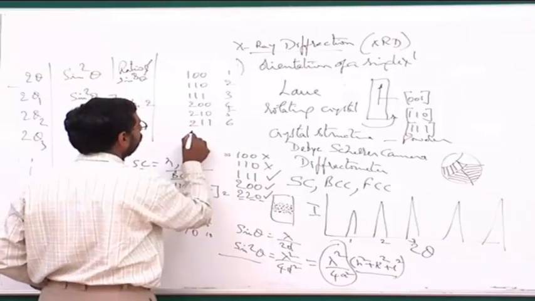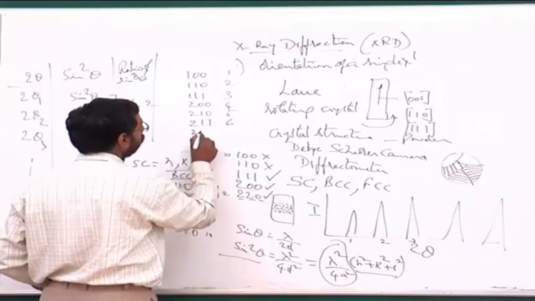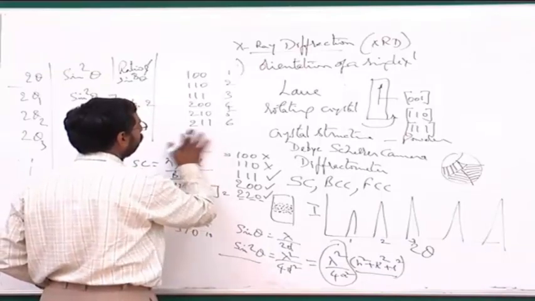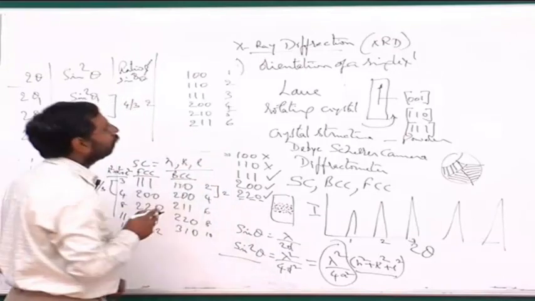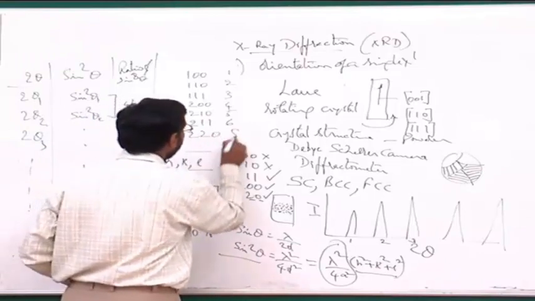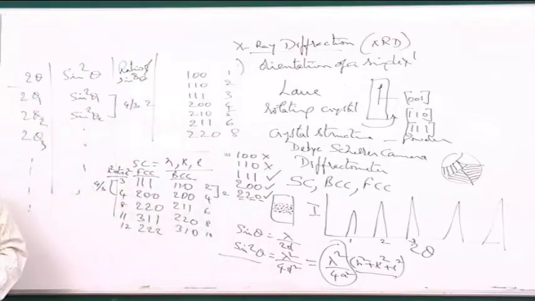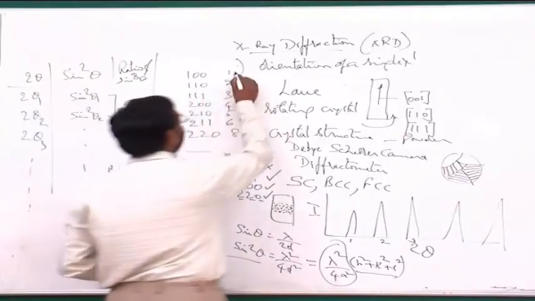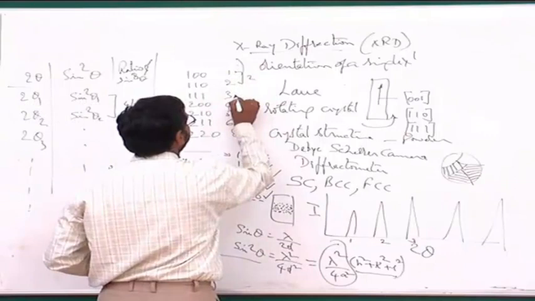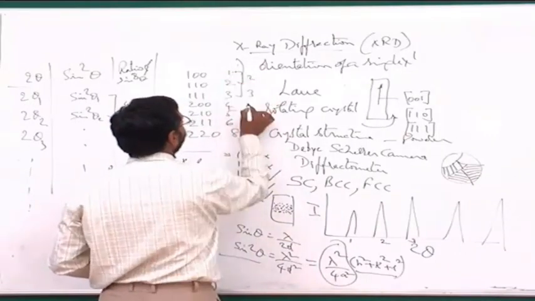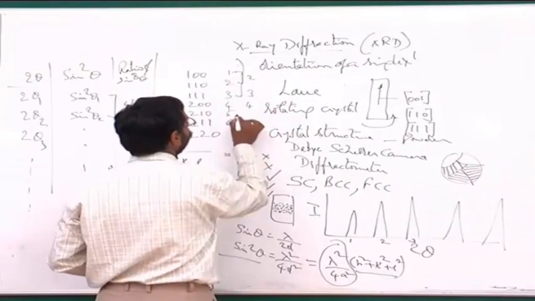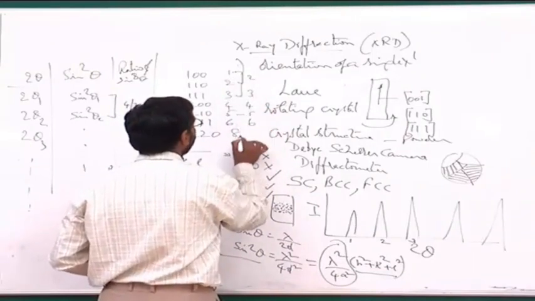And 7 is not possible, we said. So the next one is 8, because there is no 7 possible. So if I take the ratios here, you will see that 2 to 1 is 2, 3 to 1 is 3, 4 to 1 is 4, 5 to 1 is 5, 6 to 1 is 6, and 7 to 1 is 8.